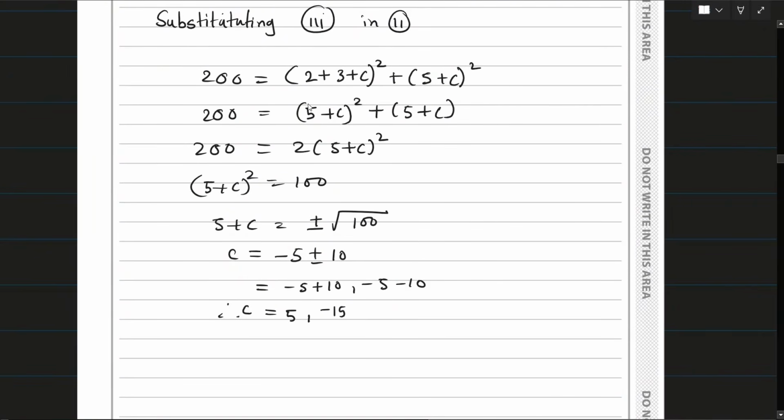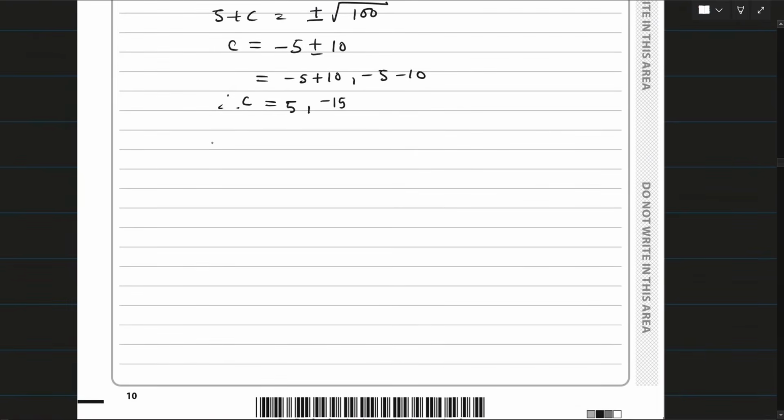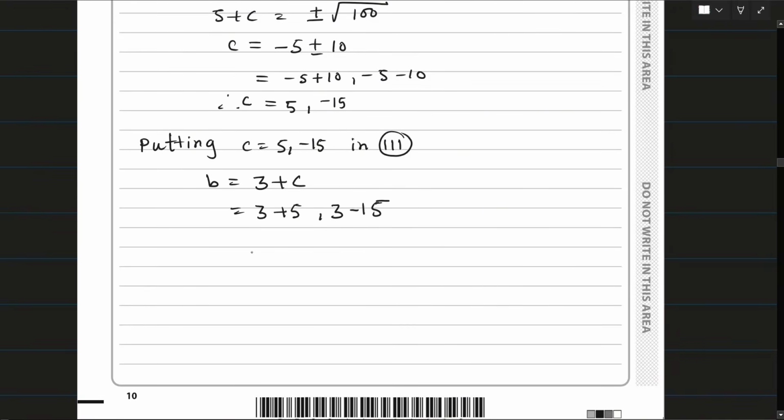We also need the value of B in order to find the force F3. In order to find B, we use the value of C and put it into our equation 3, which was B is equal to 3 plus C. So B will be equal to 3 plus 5 or 3 minus 15.